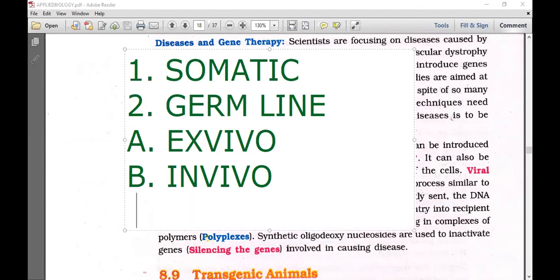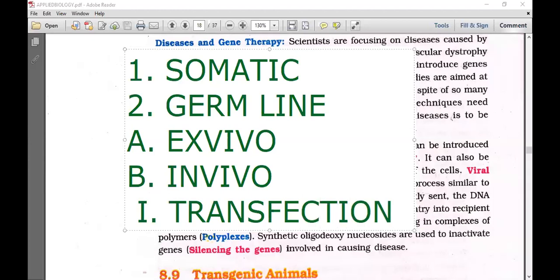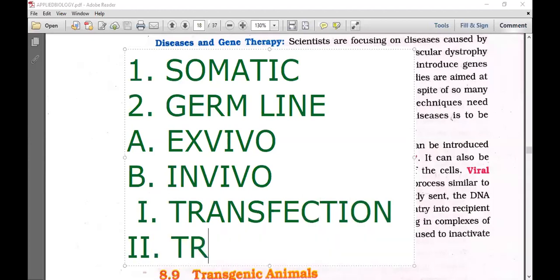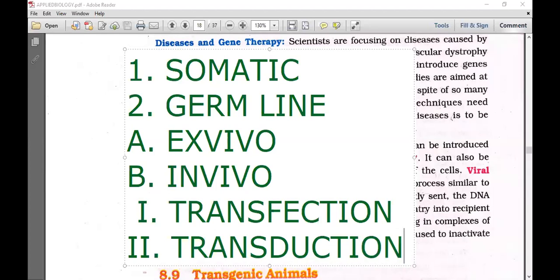Then the gene transfer techniques are transfection and transduction. So these are the things we learned here. This is very important for NEET also: somatic and germline gene therapy, ex vivo and in vivo, and transfection, transduction. These are very, very important.